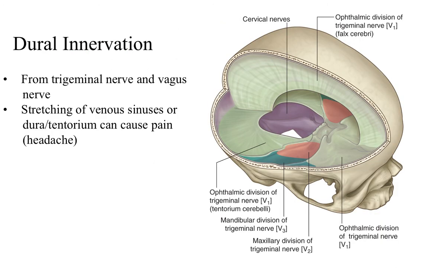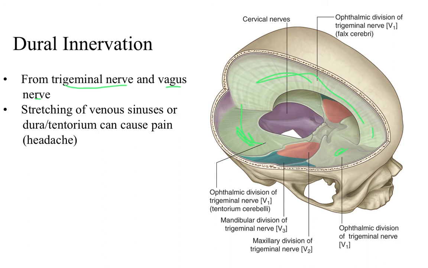All right, the dura mater is also innervated. All right, and the innervation comes from cranial nerve 5, the trigeminal nerve, as well as cranial nerve 10, the vagus nerve. And you can see just a diffuse innervation of the falx cerebri here, and where the parts of the trigeminal nerve are actually going to innervate. You don't see specific nerves here.